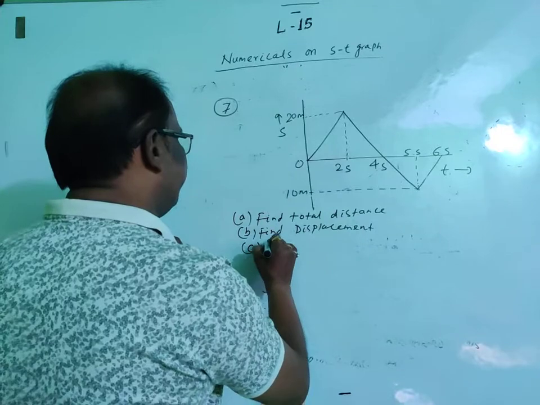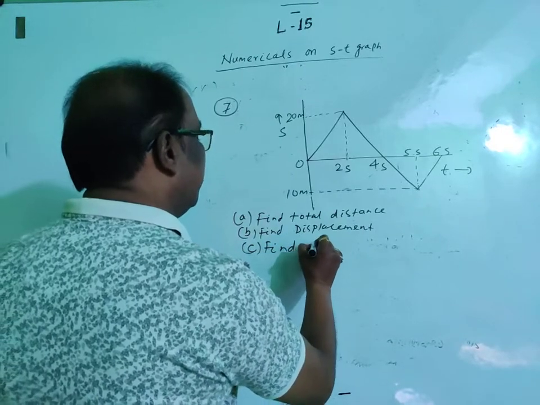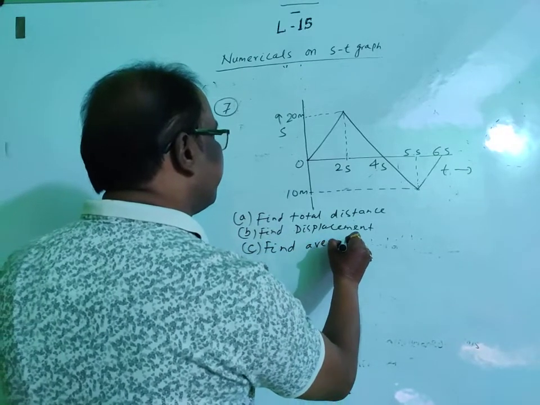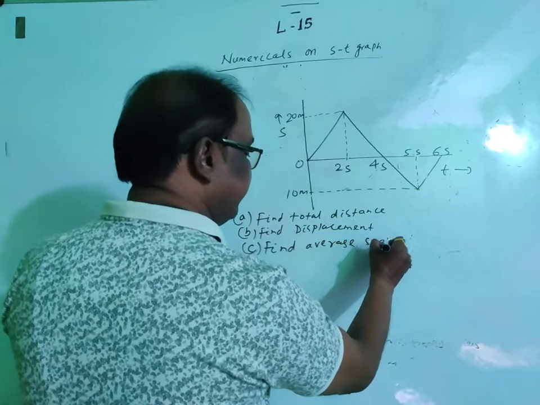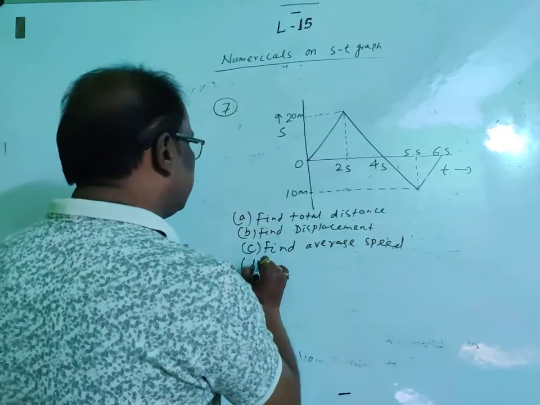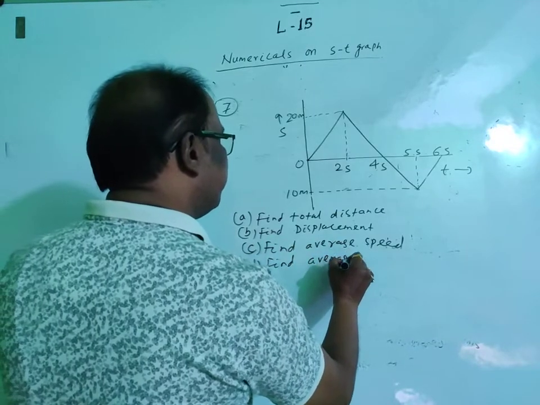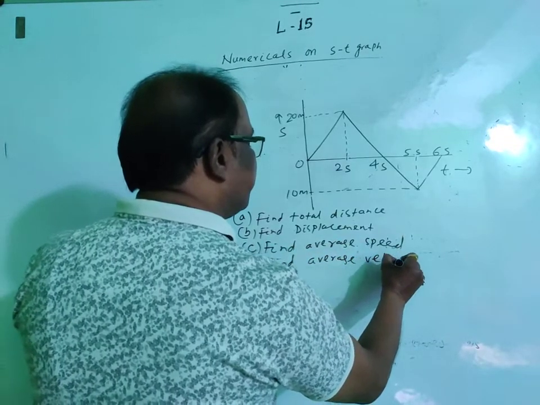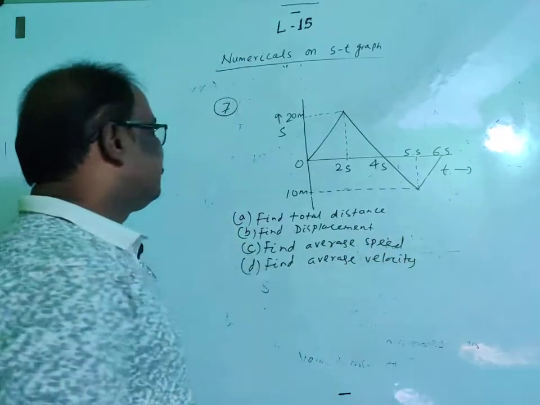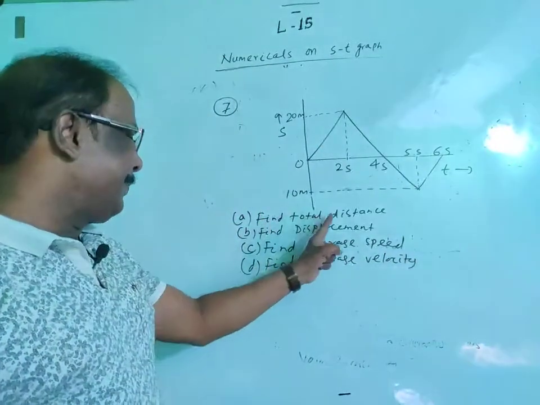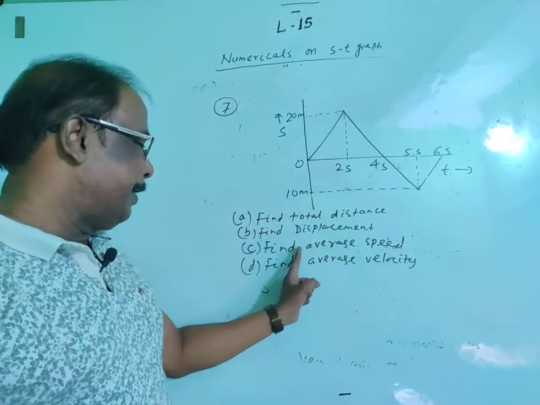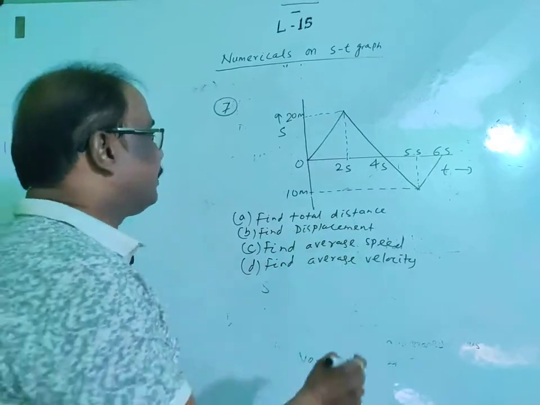C bit, find average speed. D bit, find average velocity. So 4 bits: find total distance, find displacement, find average speed, find average velocity.